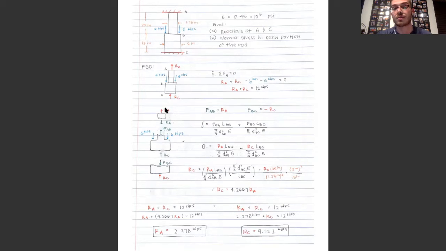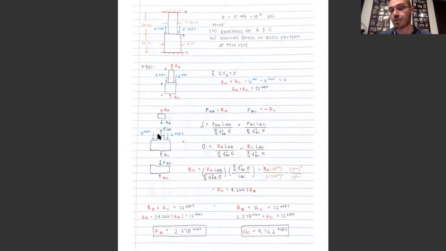We can also break down the free body diagram even more into these three portions, similar to the notes, such that you have the reaction force of A pointing upwards, and there's a resultant reaction force A pointing downwards, and we'll have the force of AB pointing upwards.